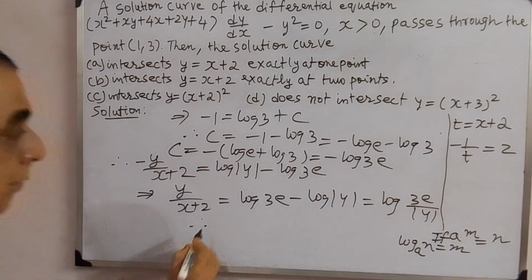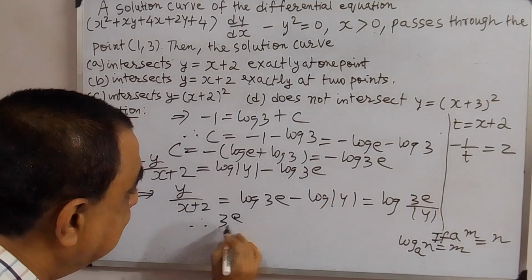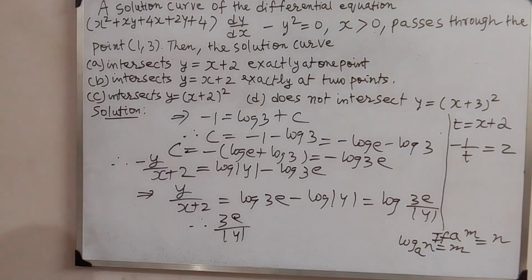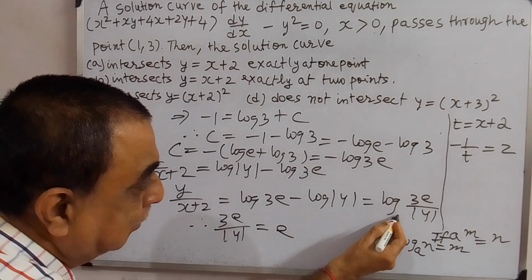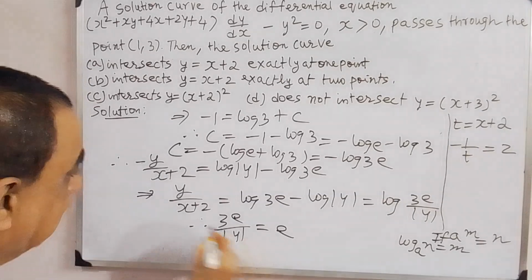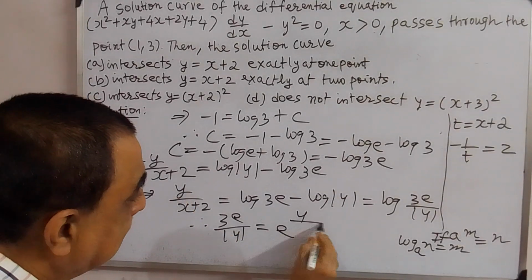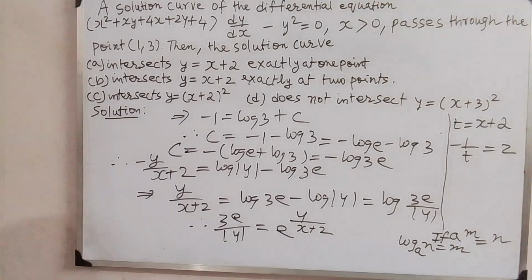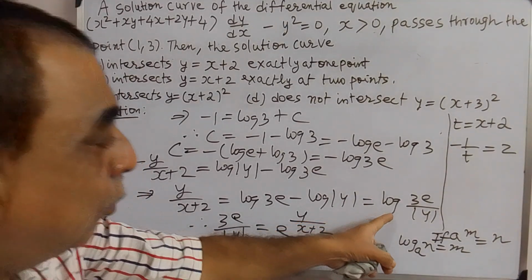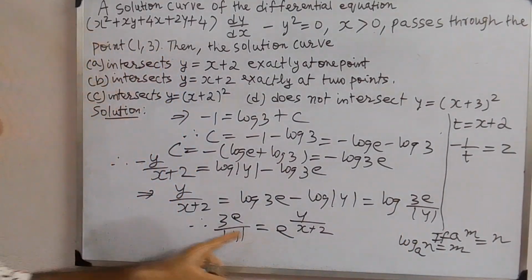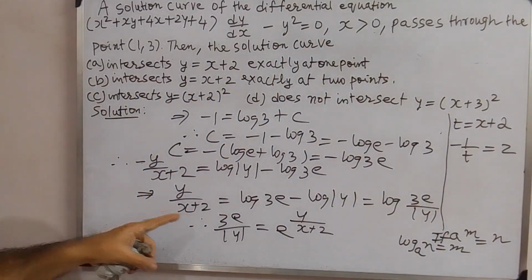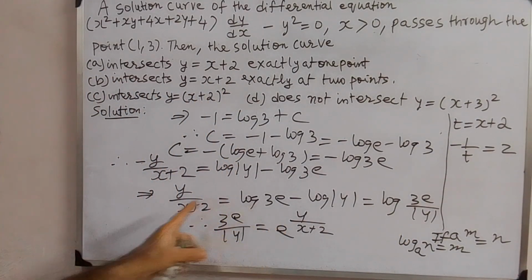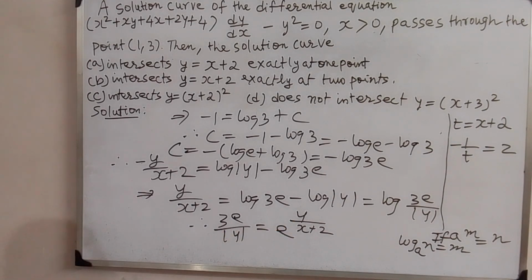Log of 3e divided by mod y is equal to y by x plus 2. The base here is not given, so the base is e. So 3e by mod y will be equal to e to the power y by x plus 2, the base raised to this power.